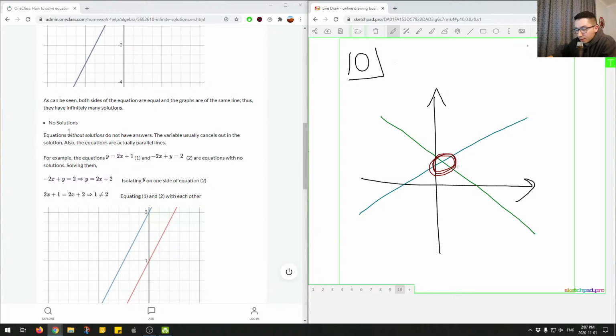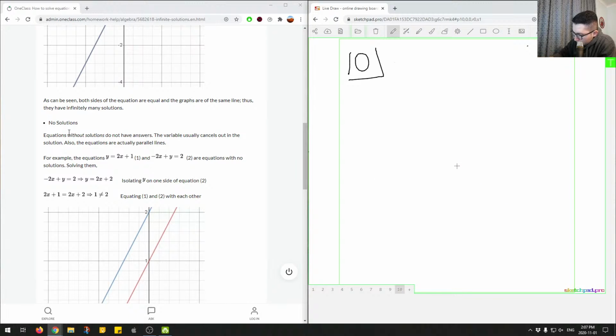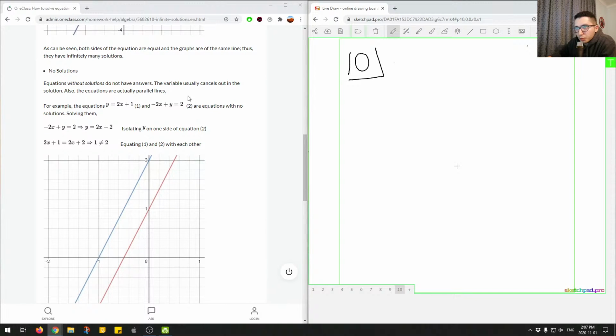And then finally, the last scenario. So I'll go through over here. We have two equations. The first equation, y equals 2x plus 1. And the second equation, negative 2x plus y equals 2.